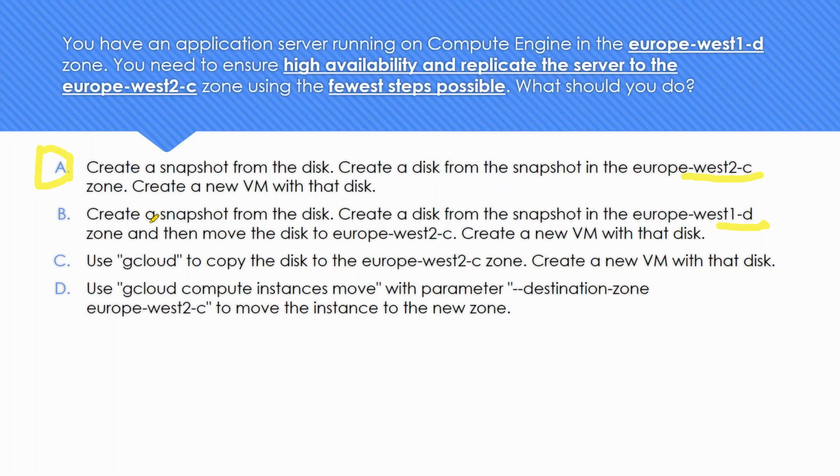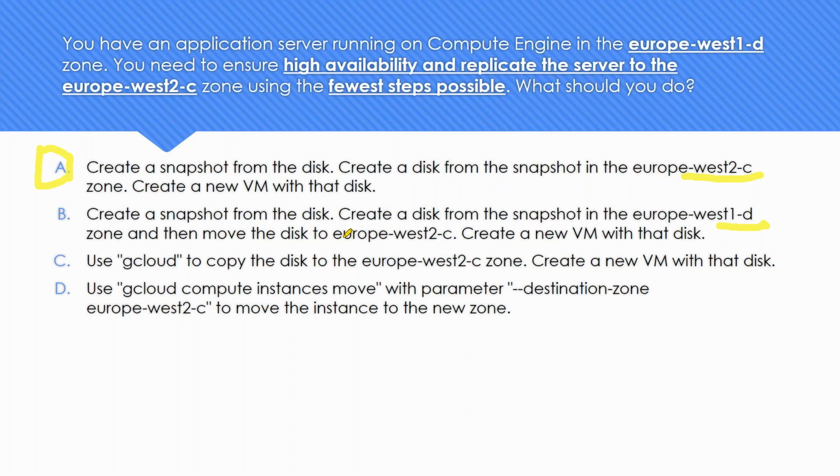Per my understanding, with this option, you can take a snapshot, no problem. Where you want, you keep it. Now, once the snapshot is there, they are saying create a disk from the snapshot, and move the disk. So the disk cannot be moved.